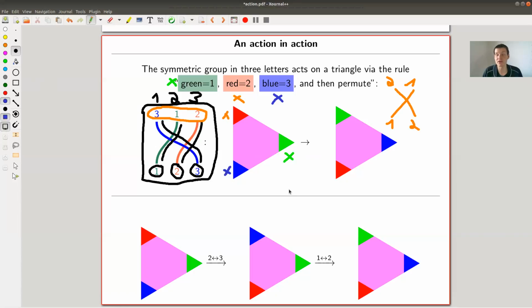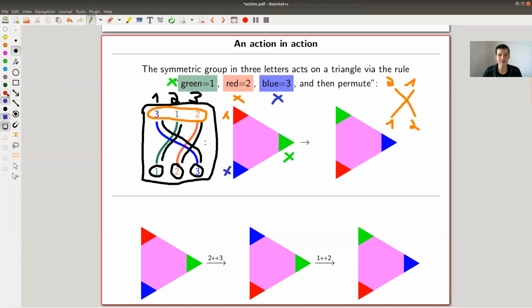And I can imagine that it acts on this triangle exactly as you think. I just decided green is 1, red is 2, blue is 3. So it would permute the small triangles according to that rule. In the same way, it will change the big triangle, but you don't see that because it's a symmetry group of the big triangle. So I'm using the small triangles to highlight what's going on.